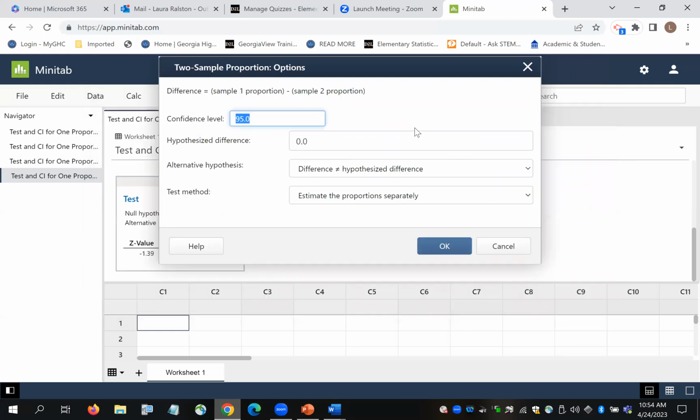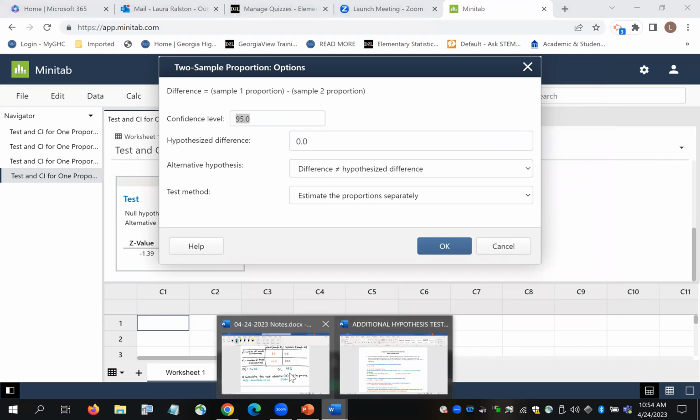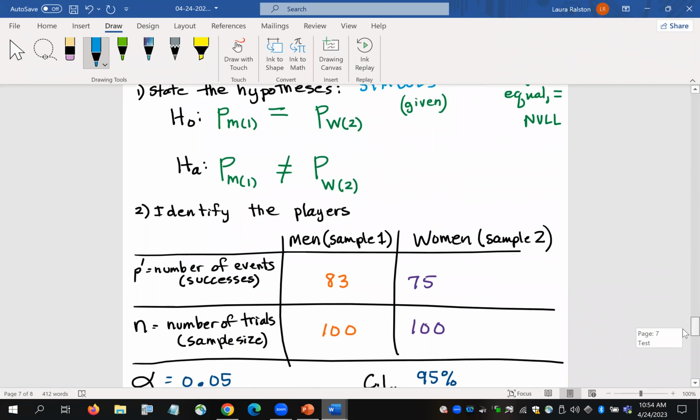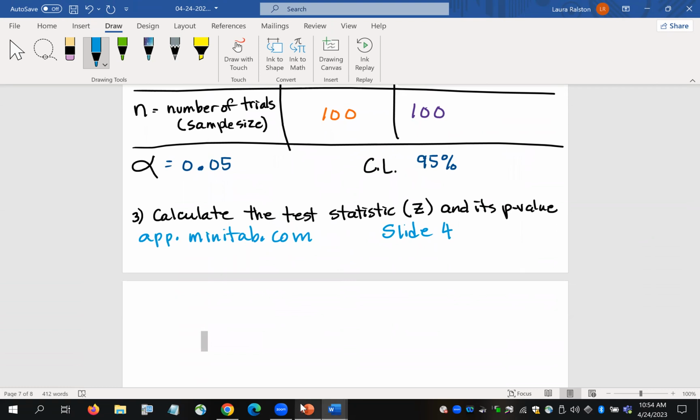Options, we're doing 95%. My hypothesized difference will be 0. We had not equal in our alternative hypothesis.